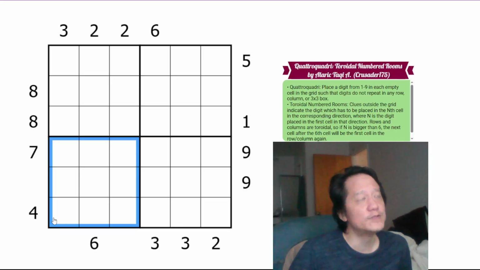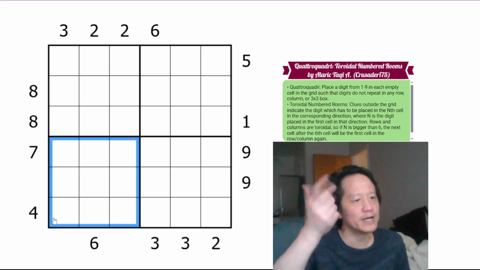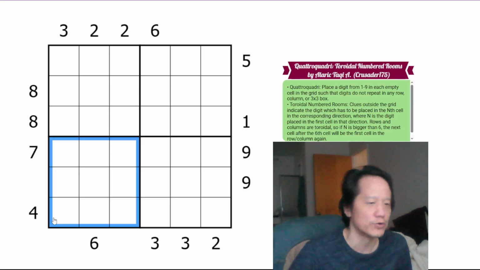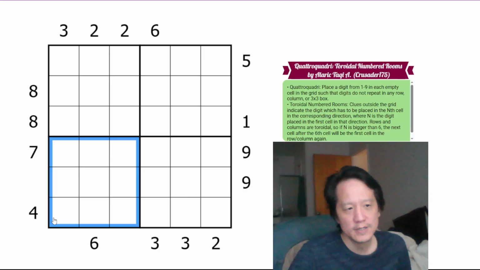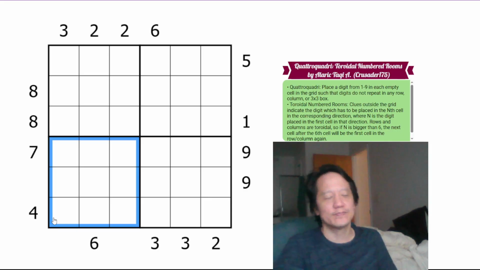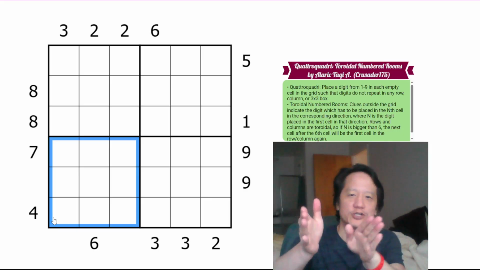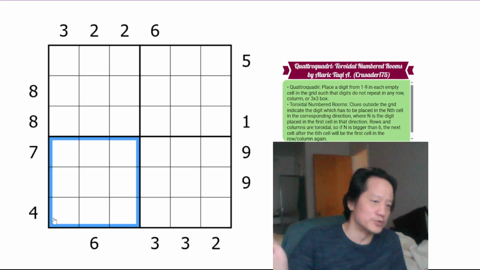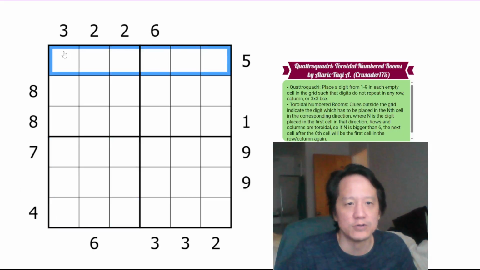Schrodinger obviously doesn't work that way, but you can modify it slightly to fit. So anyways, that's a tangent. But we have Quattroquadri, which is basically the same as normal Sudoku. It's just a smaller grid.